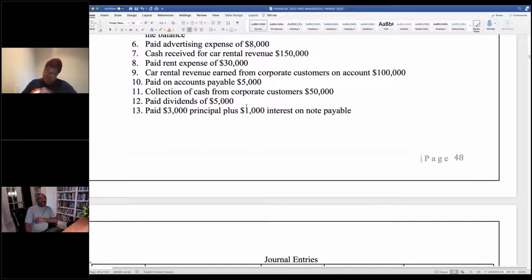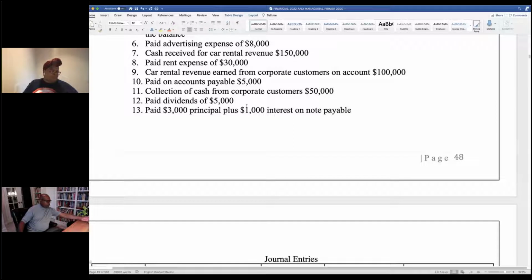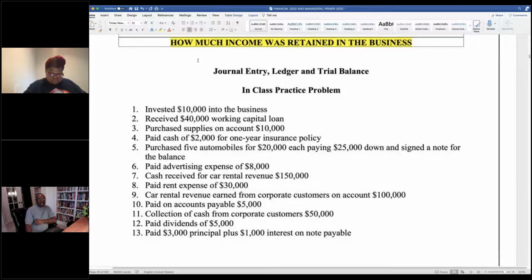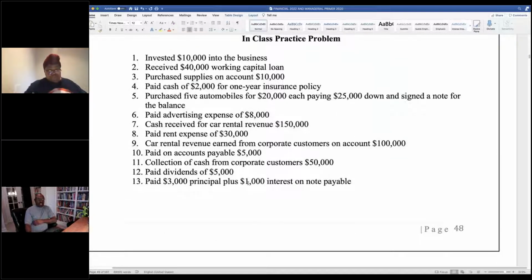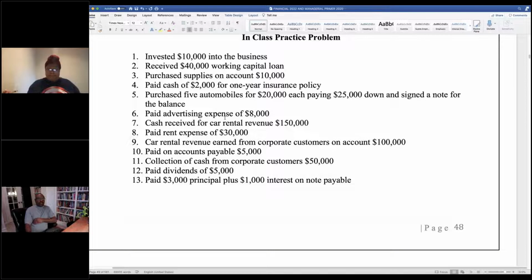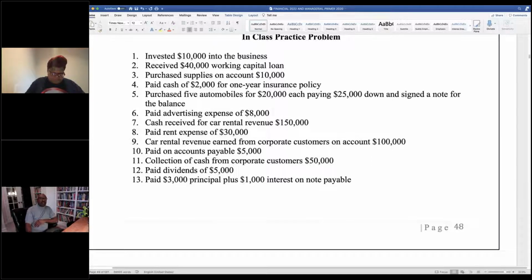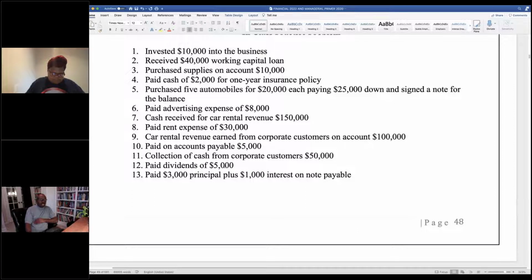Paid dividend of 5,000. What is a dividend? Money, basically. When you own stock in a company, a percentage from a stock payout. You put your money in the company, you can't just take it back out. But you can pay the owner a dividend from earnings. People think it's selling your stock to other people. So this is payment to the owners for their investments.